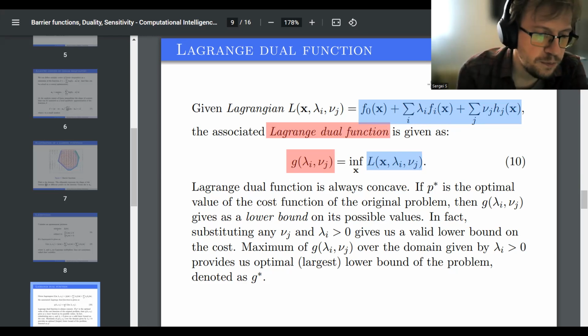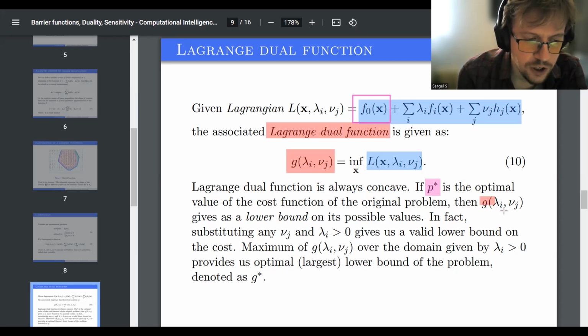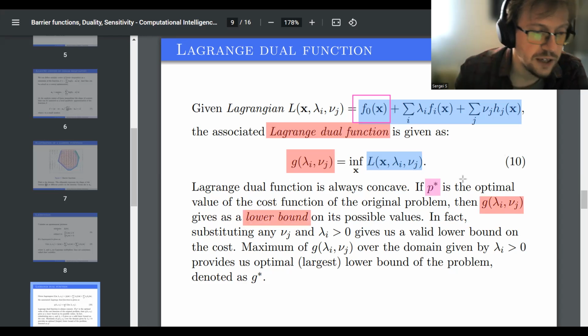If P star is the optimal value of the cost function of the original problem, so P star is the optimal value of the function f0, then this dual function g of lambda and nu gives us a lower bound on possible values of P star.